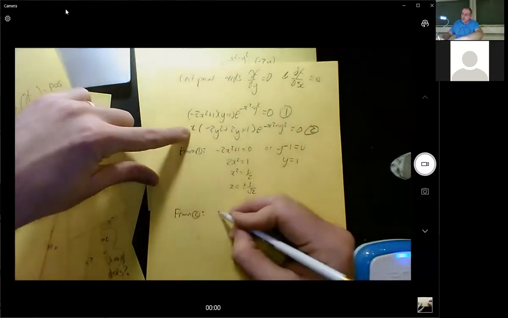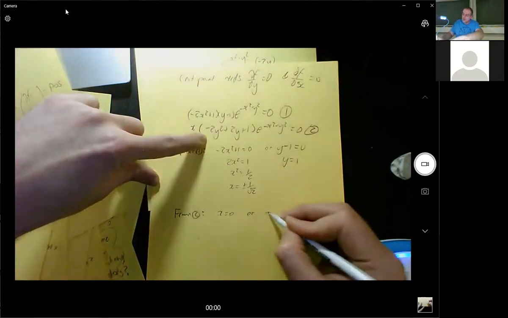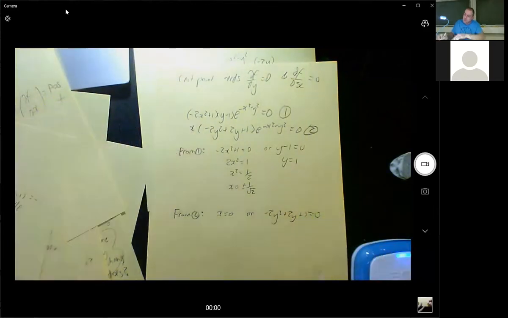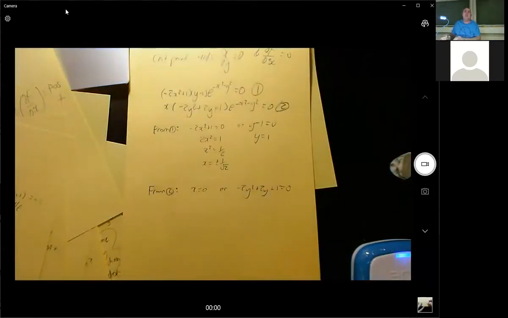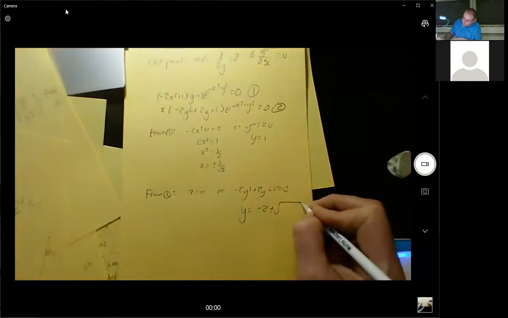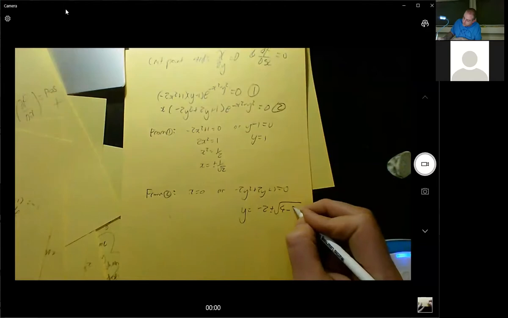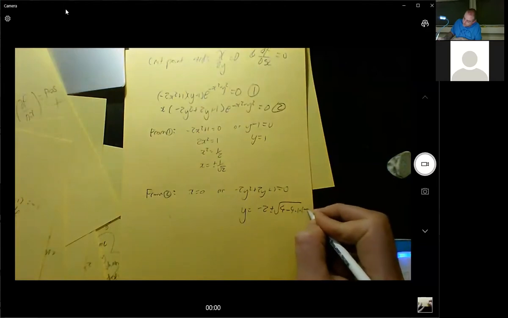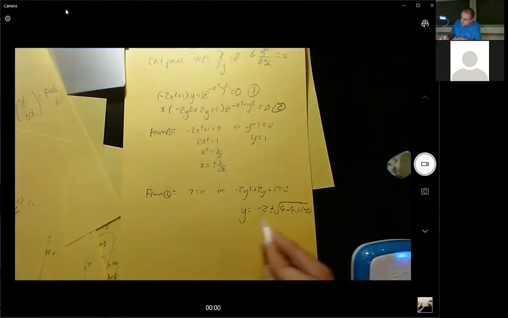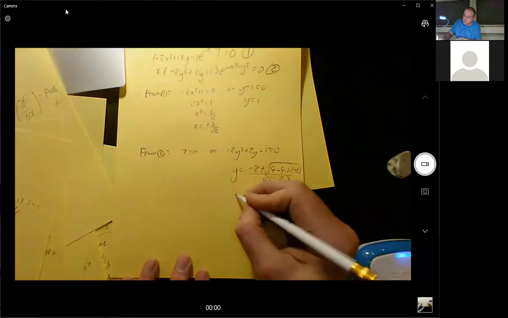So with this one, I get x equals 0, or minus 2y squared plus 2y plus 1 equals 0. And that looks like a quadratic formula to me. Minus b plus or minus the square root of b squared minus 4 times a times c over 2a, which is not pretty.